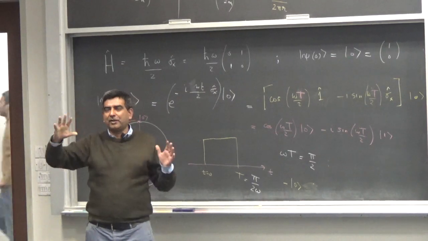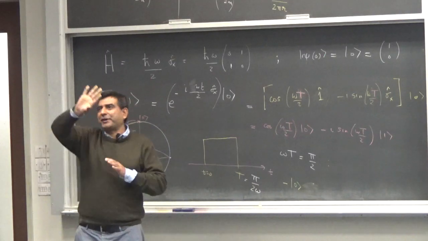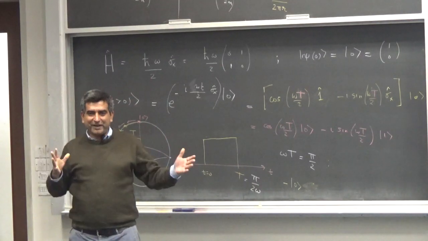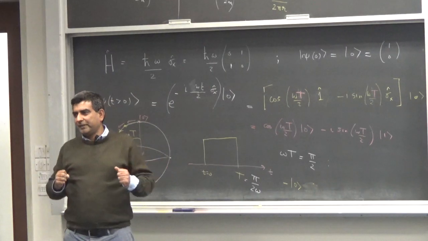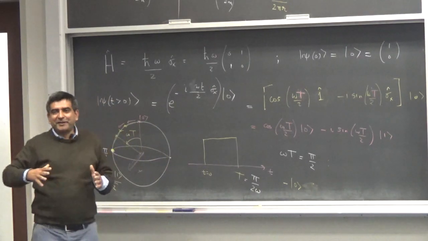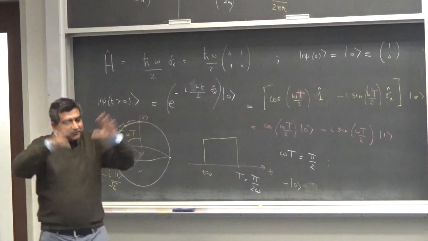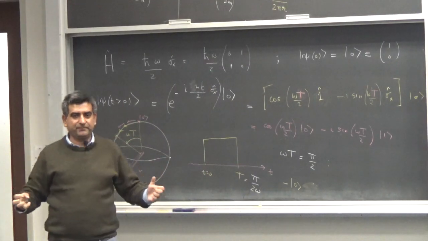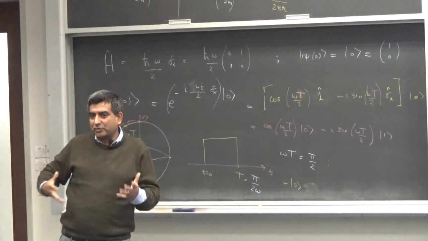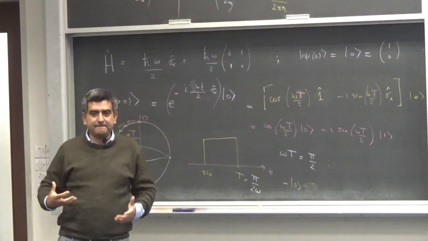So a spin 1 object is something that you rotate once to get back to where you started from. For a spin half particle, you have to rotate it twice. So it's a different kind of mathematical world. That's why it's called a spin half particle.